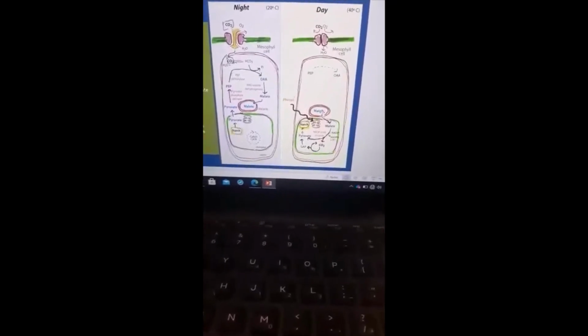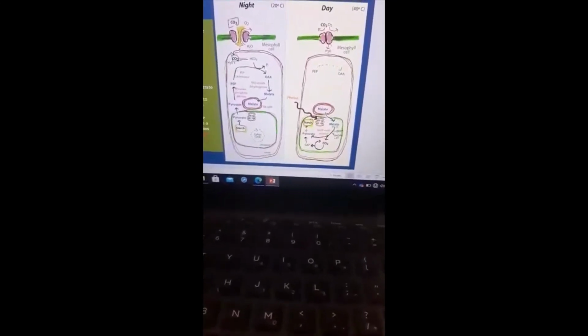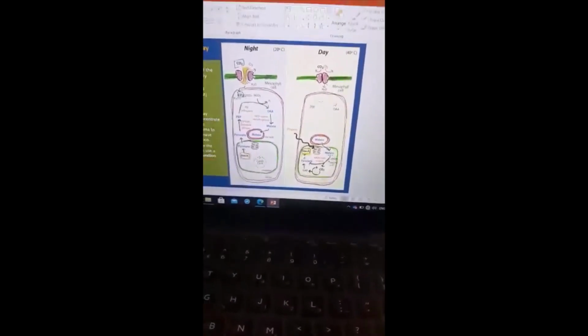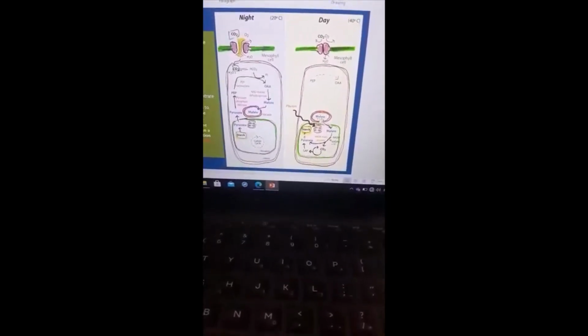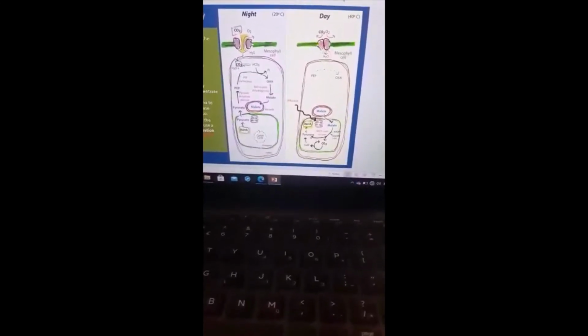During the day, malate is taken out of the vacuole and delivered into the chloroplast of the mesophyll cells. Vascular bundle sheath cells are not involved here. So this movement of malate from the vacuole into the chloroplast is happening during the day, at the time where no more CO2 is getting into the leaf because the stomata are now closed.